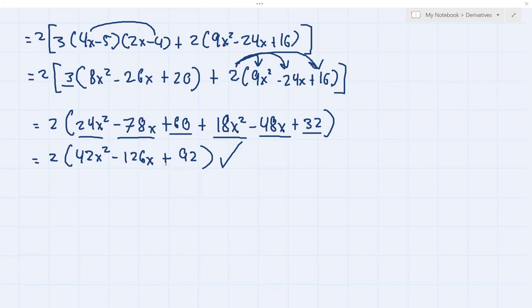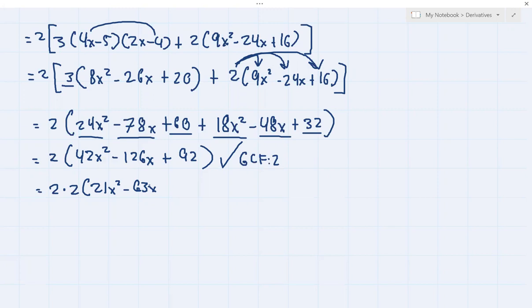That's their greatest common factor, which is 2. So that means we can factor out 2 in this trinomial. So we will have 2 times 21x squared minus 63x. Am I right? 63x. Just making sure.